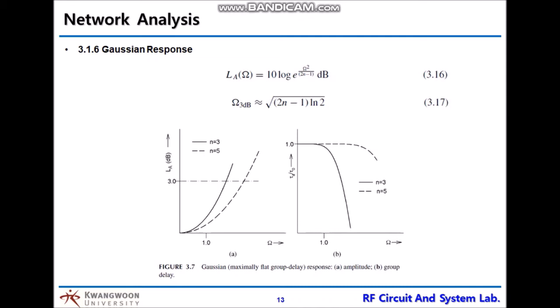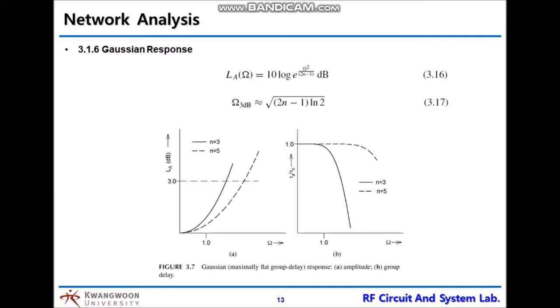In general, Gaussian filters have a poor selectivity, as can be seen from the amplitude response in figure 3.7a. With increasing filter order n, the selectivity improves little and the insertion loss in decibels approaches the Gaussian form as equation 3.16.